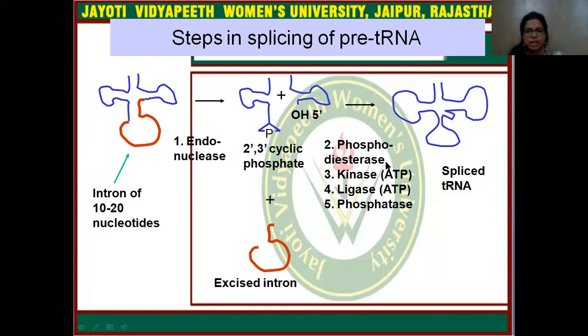Now the phosphodiesterase enzyme, kinase with ATP, ligase with ATP, and phosphatase act, and the two separated regions come together, and this is the properly spliced tRNA, which does not have any intron region.